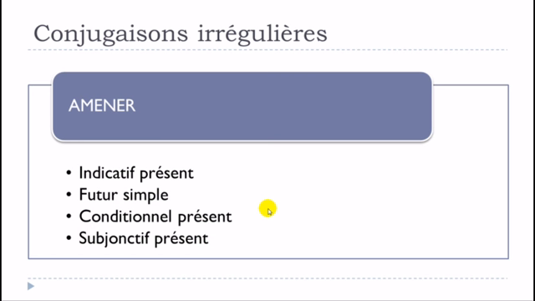It means that for all the other tenses, this verb amener will just behave like a normal verb from the first group, so it will follow the same rules of construction. But for indicatif présent, futur simple, conditionnel présent, and subjonctif présent, little changes will happen, and that's exactly what we'll see in this video.